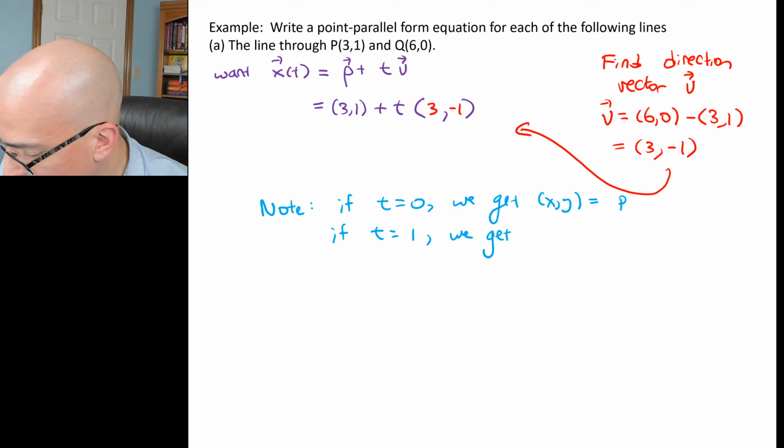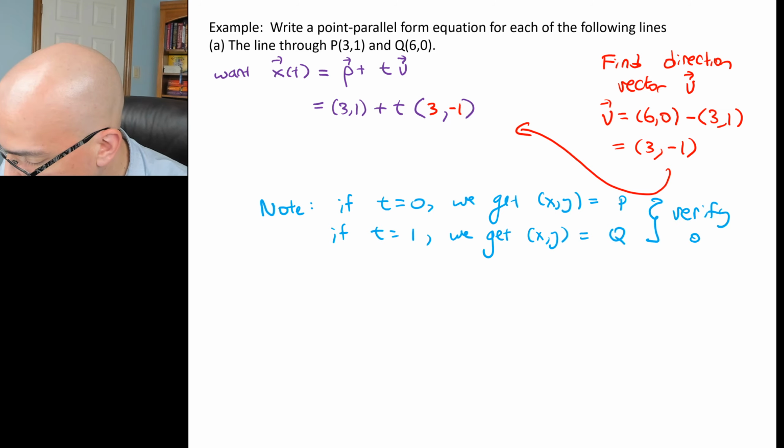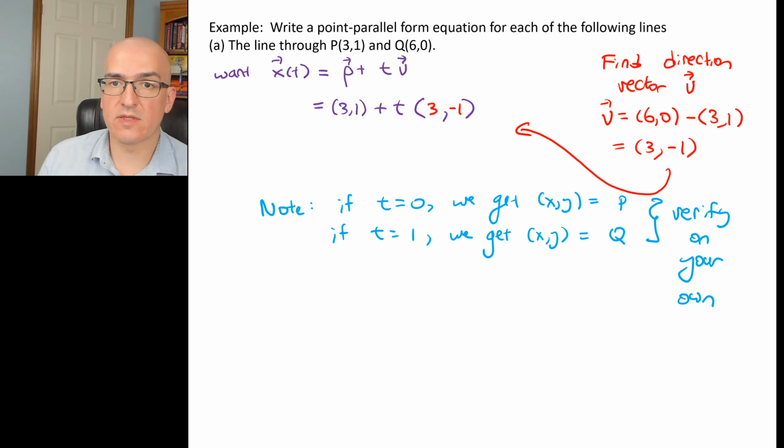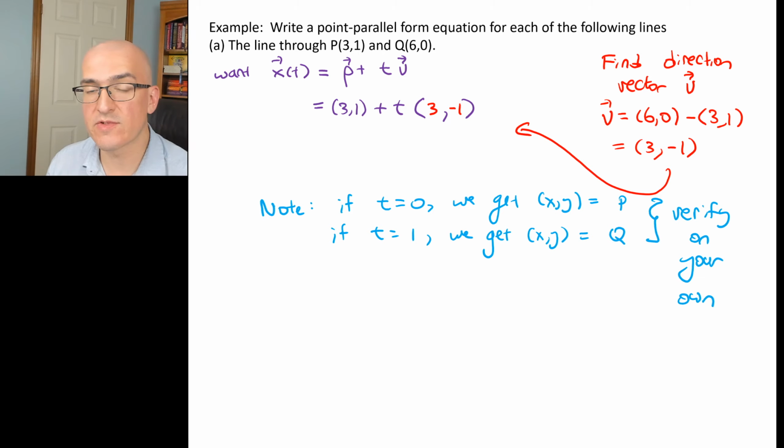And if t equals 1, we get x, y equals q. So I just want you to confirm that. Verify this on your own. You can get other points on the line by subbing in other values for t.